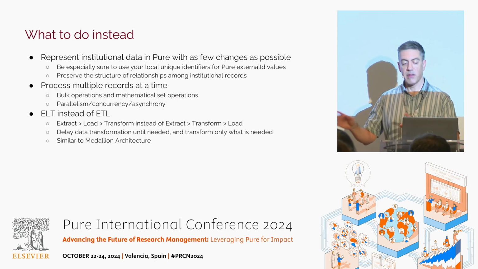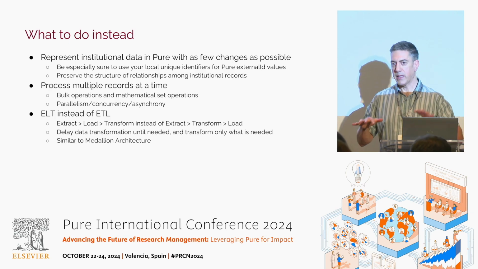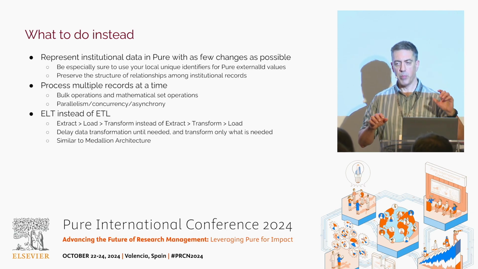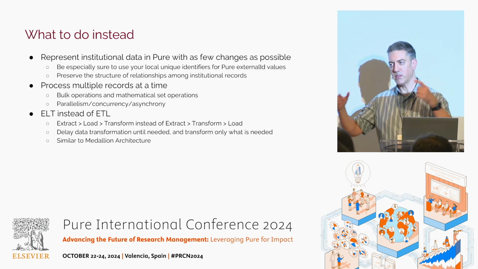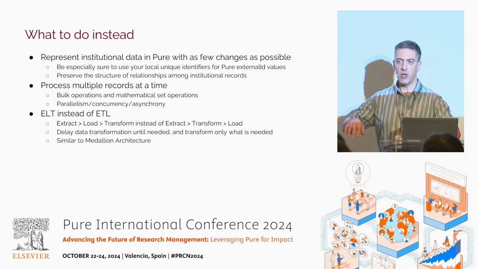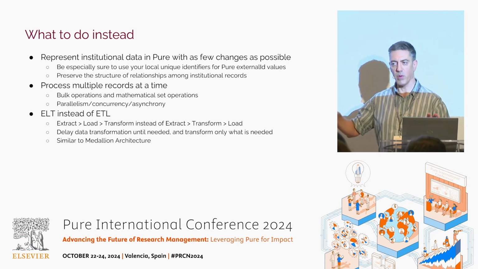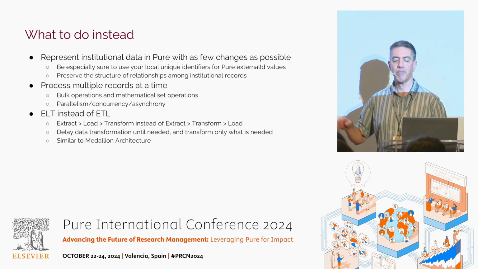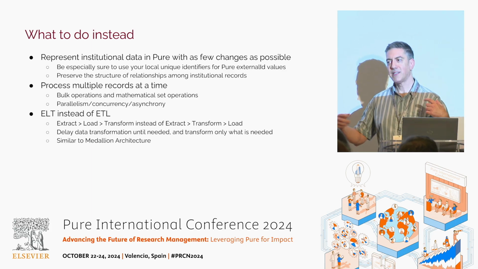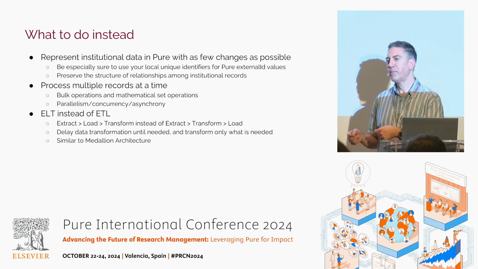Going back to that first point, I found that the more you can avoid big changes to the way you conceptualize and represent data between systems, the easier it's going to be to automate. And then, of course, process multiple records at a time.